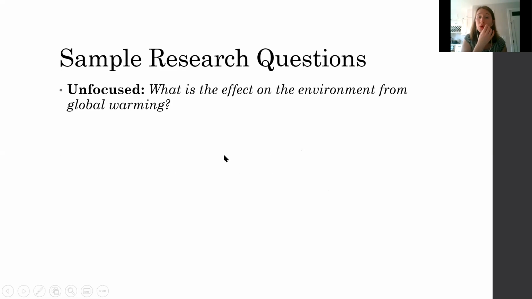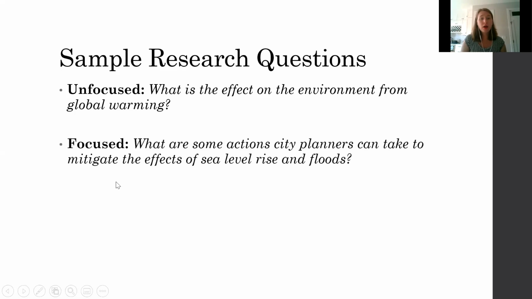Here's another one. What is the effect on the environment from global warming? Super broad, because there are many different types of effects and different causes of global warming and climate change. It's better to break things down into the relative components. So thinking about what are some actions city planners can take to mitigate the effects of sea level rise and flooding.